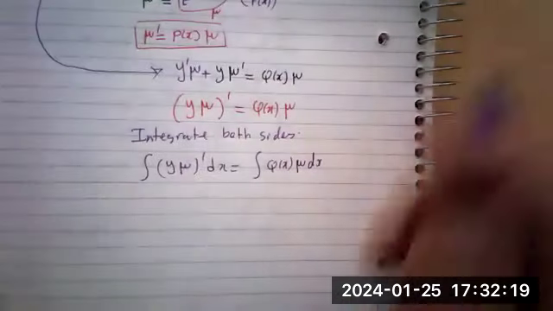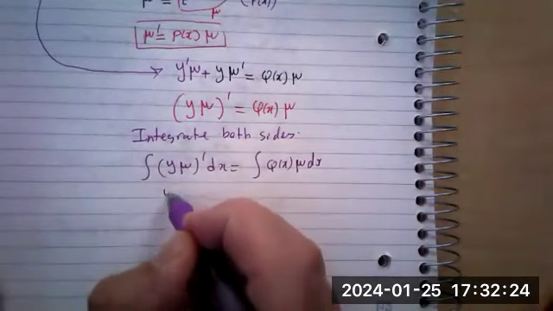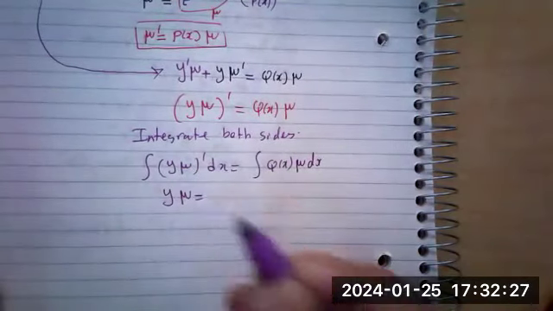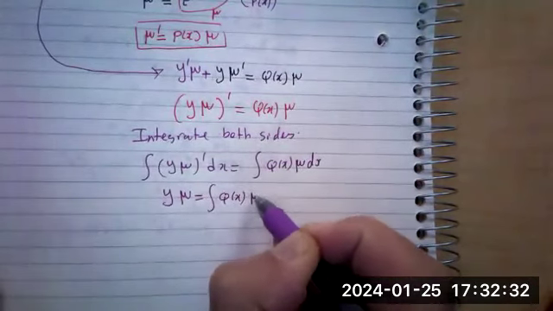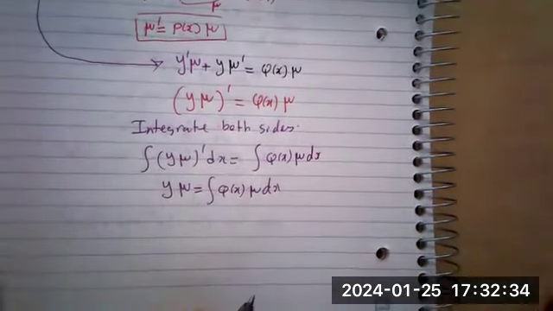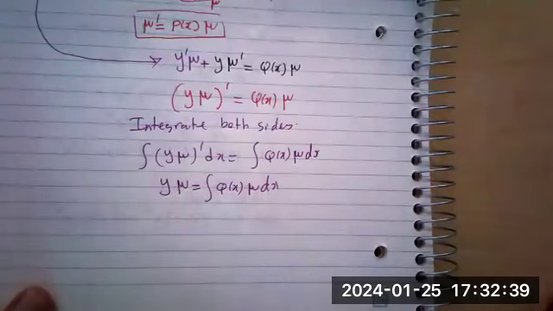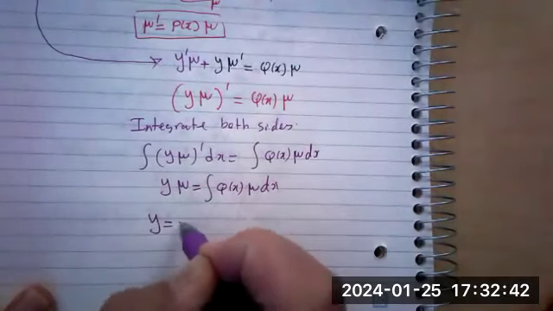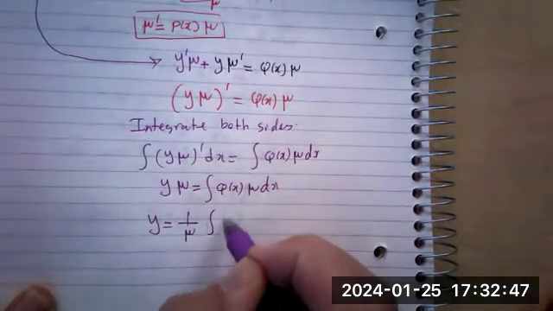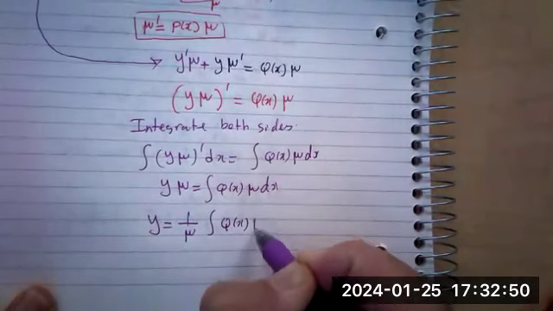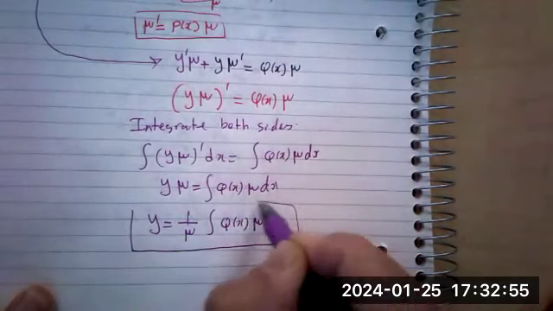Over here, you just take the antiderivative of the derivative, so that gives you y times mu. On the other side, you get the integral of q of x mu dx. Remember, we are looking for y. So in order to get y, we divide by mu. So y equals 1 over mu times the integral of q of x times mu dx. That gives you the solution of the linear equation.